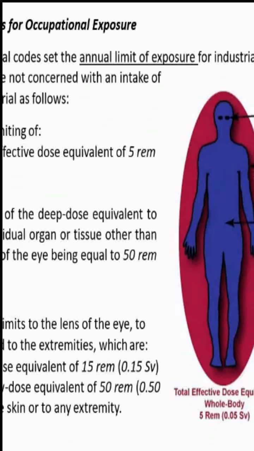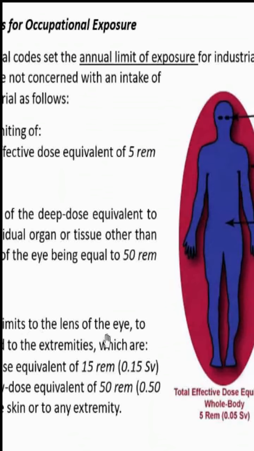Shallow dose is your skin and deep dose is your body inner side, inside. Okay, eyes are limited to 15 rem. Shallow dose equivalent whole body skin 50 rem. Total organ dose equivalent any organ 50 rem, not more than this. So this is your maximum limit that one should take.